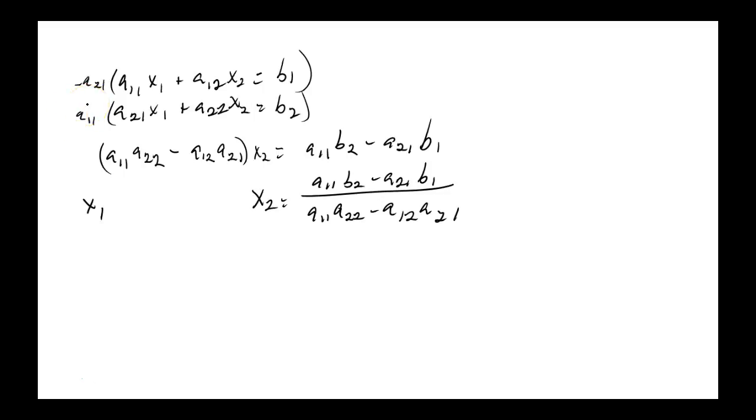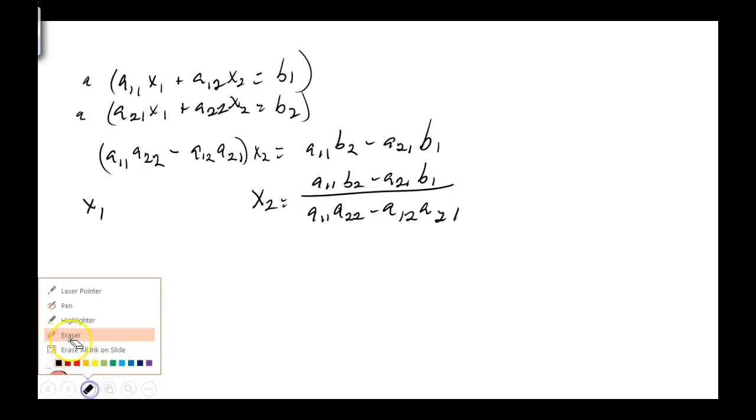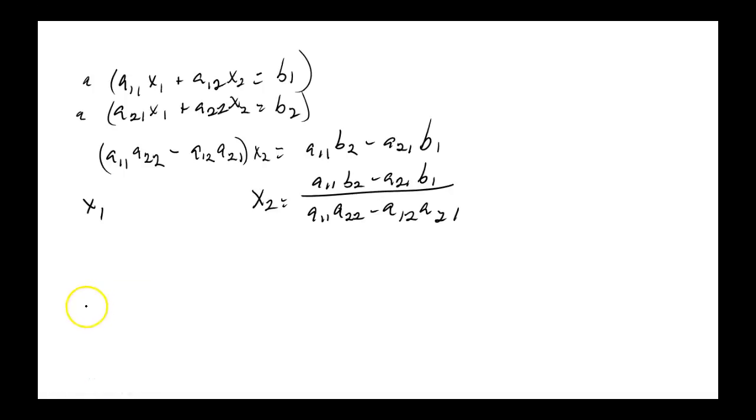Eliminating x2, we'll multiply by minus A22 and minus A12, I think is how we did it.